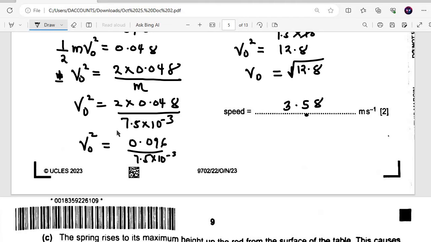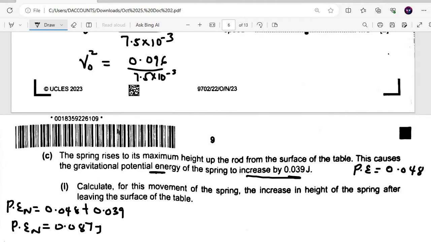It leaves with this energy, 0.048. So now, the fact that they use released, and it's going against gravity. Remember, v squared equals u squared minus 2gs.